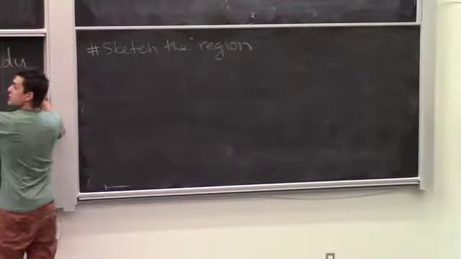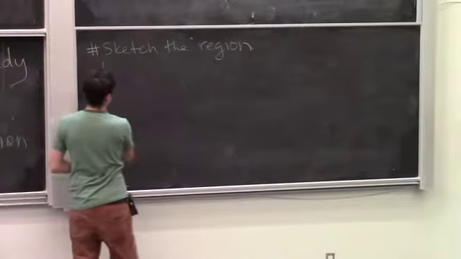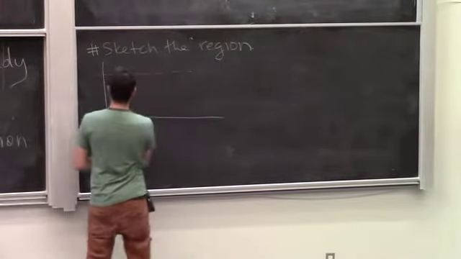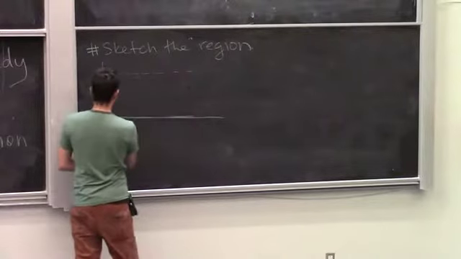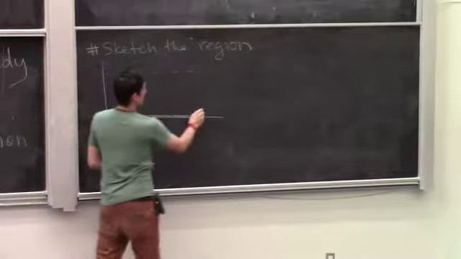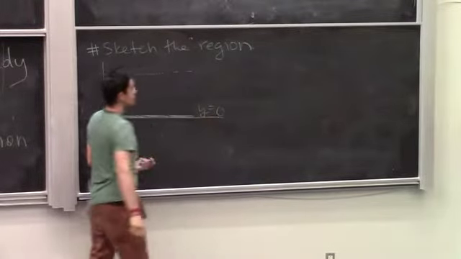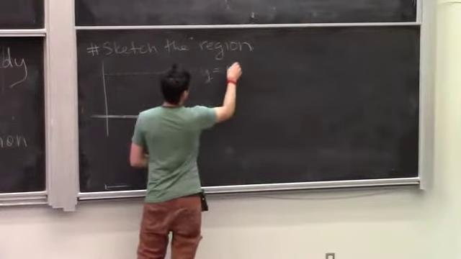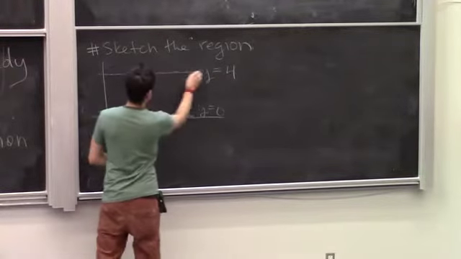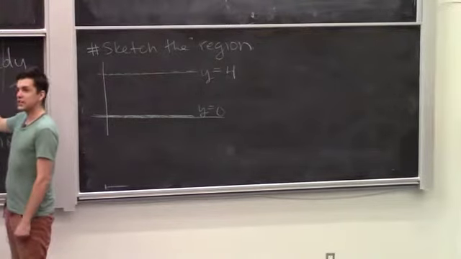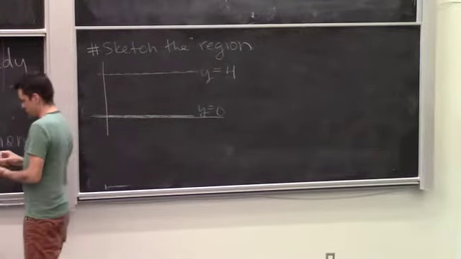We're going to focus on where dy goes. So it says we go from y equals 0 to y equals 4. Okay, and then that x gets integrated from y over 2 to 2.